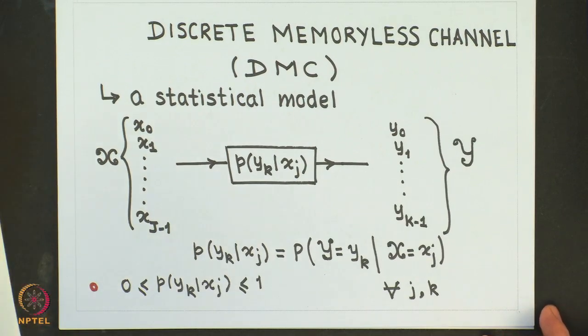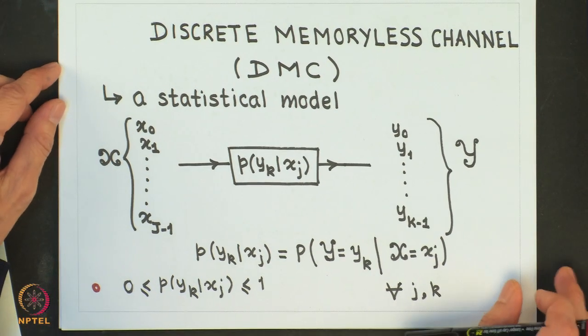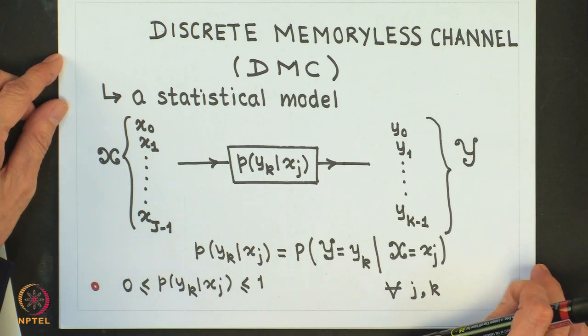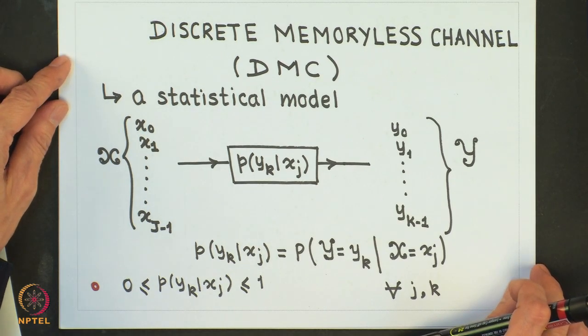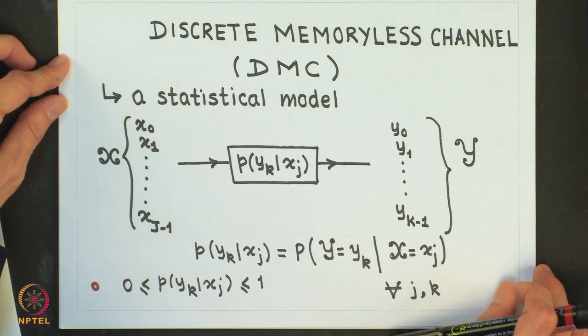and we start with a discrete memoryless channel, the counterpart of the discrete memoryless source.